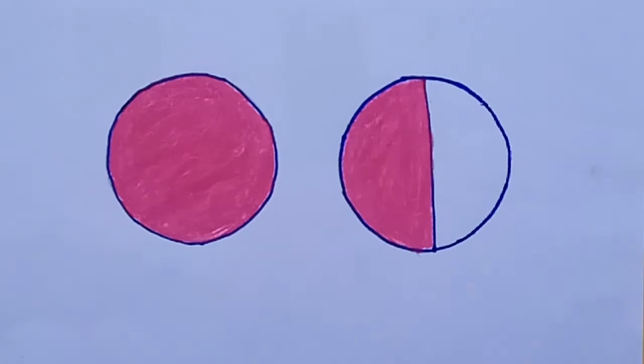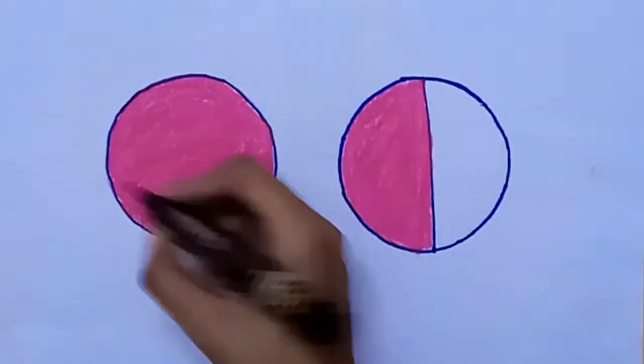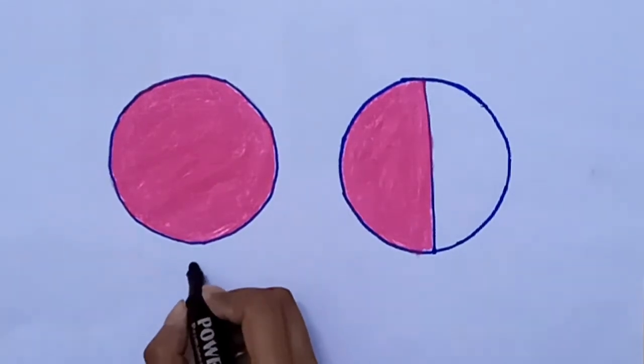In the previous class we learned how to express equally divided things. Now, the full part is 1.